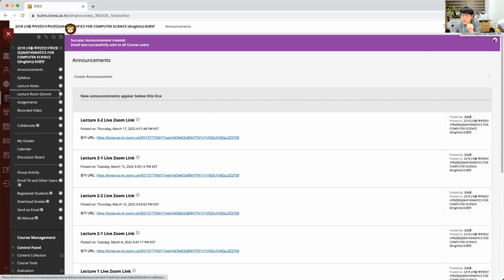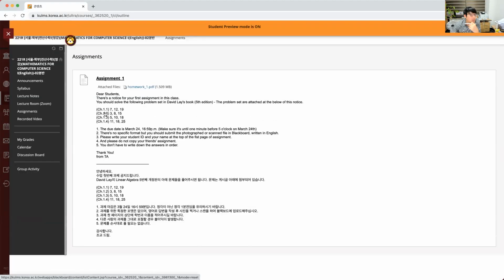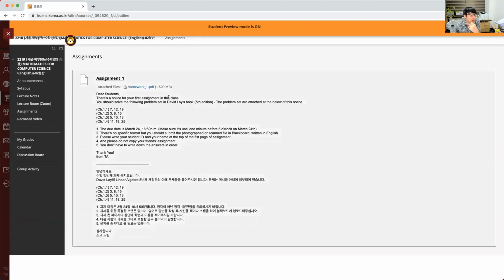Where's the student mode? Here. So this is the student mode. I mean, you can see here assignment or lecture room or lecture note. And when you see the assignment here is our first homework. So far we discussed chapter 1.1, 1.2, 1.3, right?